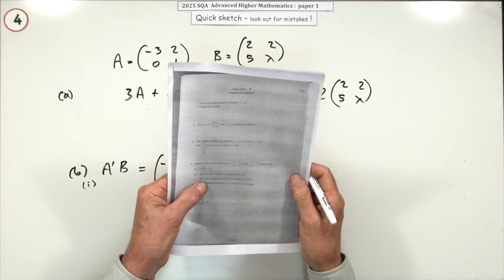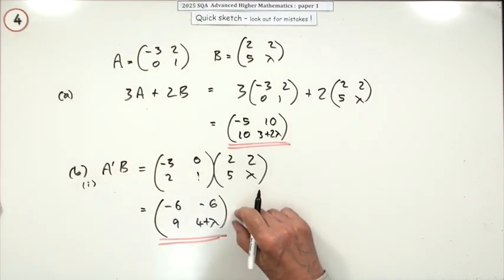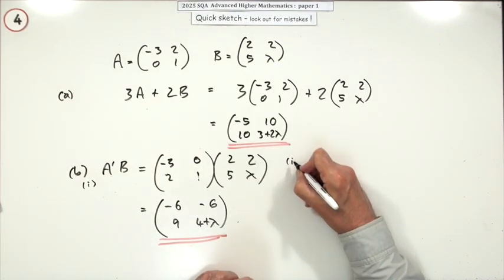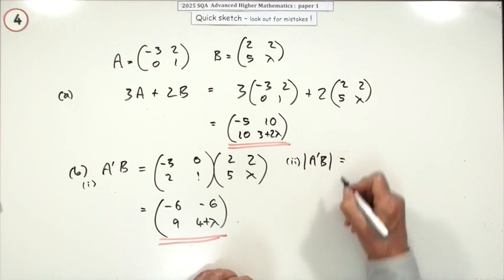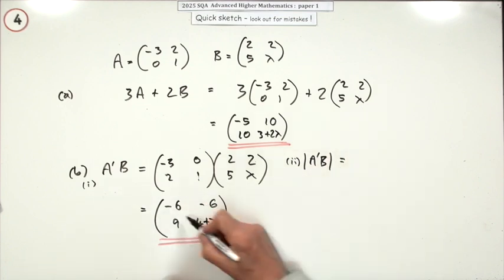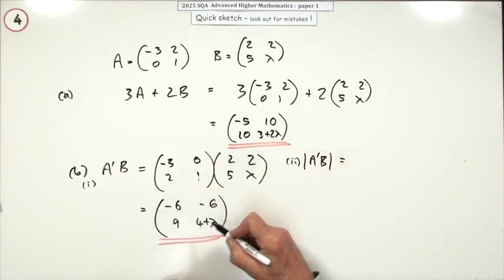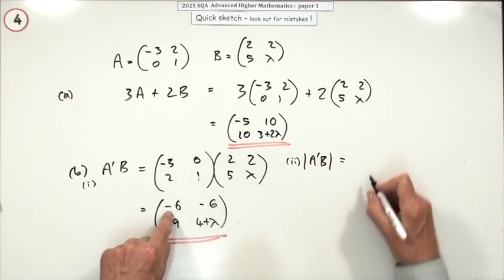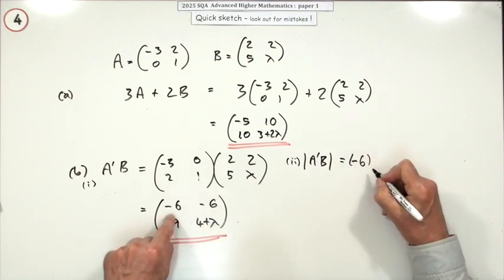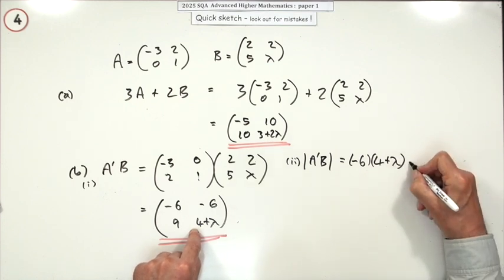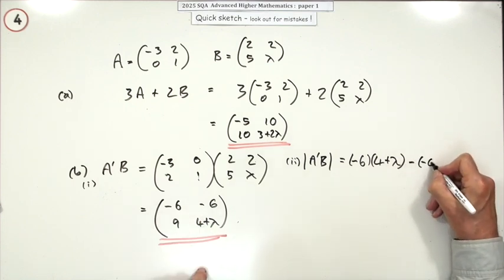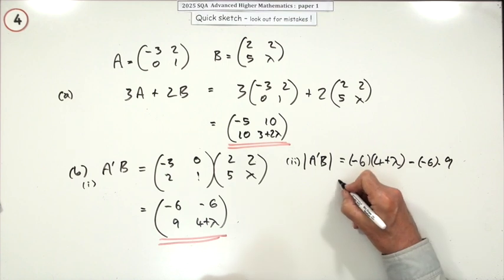Now there's a part 2. Find an expression for the determinant of this. So what's the determinant of that? Well, that's just the product of the main diagonal, take away the product of the other diagonal. So it will be -6 times 4 plus lambda, take away -6 times 9.